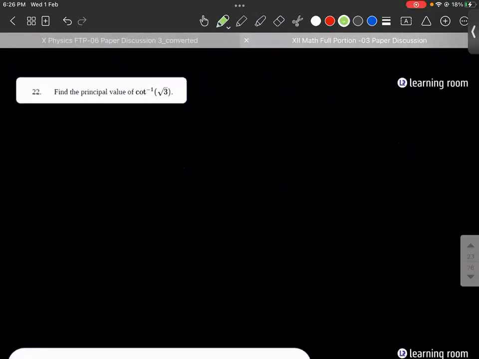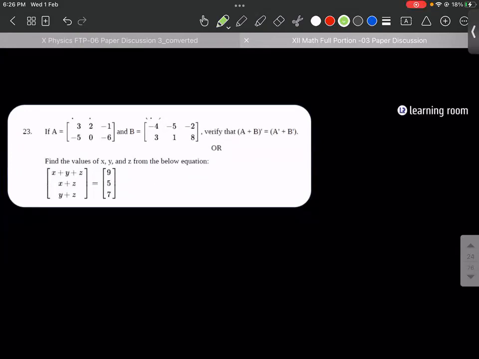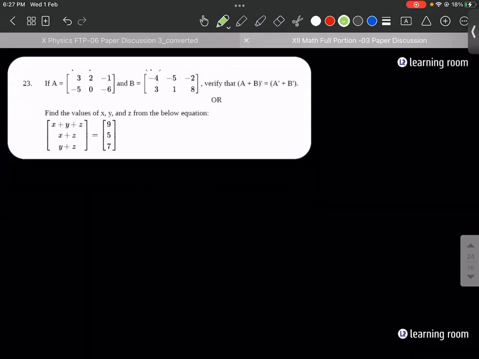Find the principal value of cot inverse of root 3, which is obviously pi by 6. A is equal to 3, 2, minus 1, minus 5, 0, minus 6. B is equal to minus 4, minus 5, minus 2, 3, 1, 8. Then verify A plus B, the whole transpose, is equal to A transpose plus B transpose. So A plus B is how much?